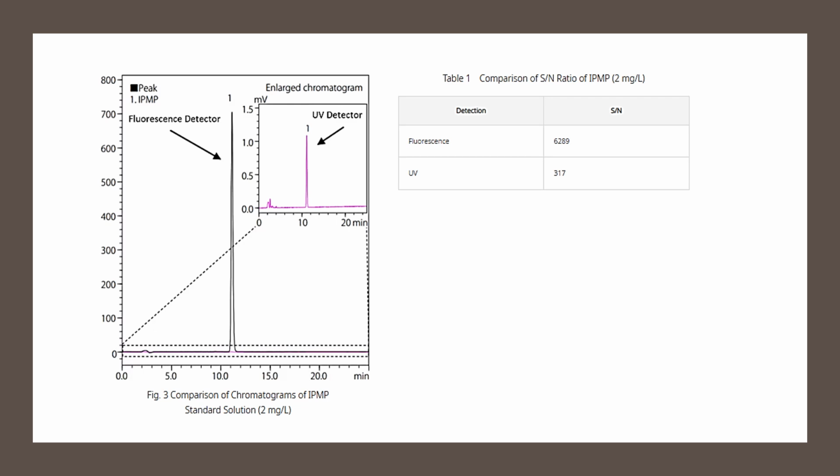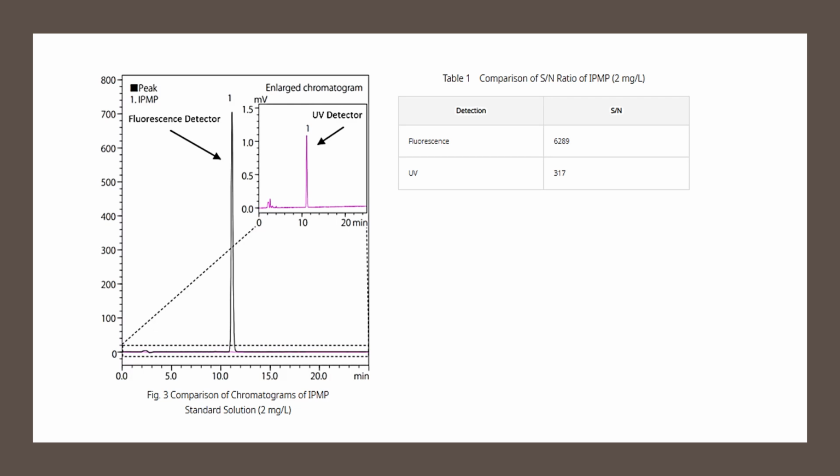Now the advantage of using a fluorescence detector is that it can detect by excitation and fluorescence wavelength specific to a particular substance, which leads to a higher selectivity of detection as compared to the other detectors.